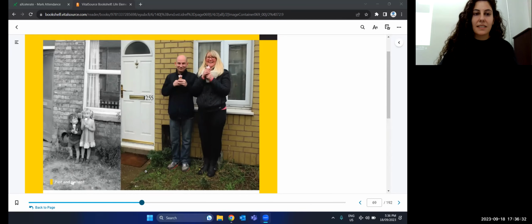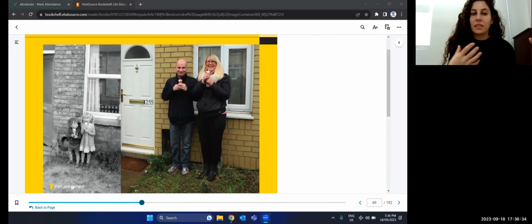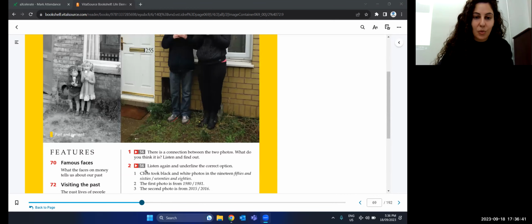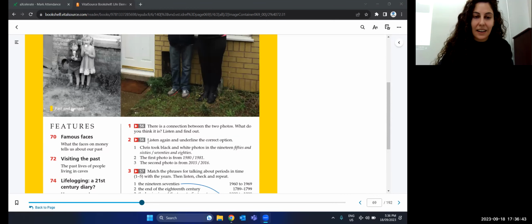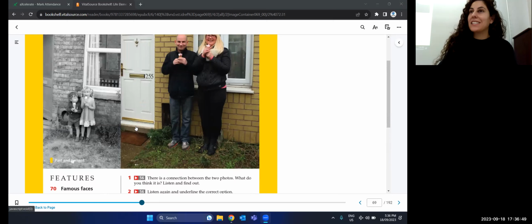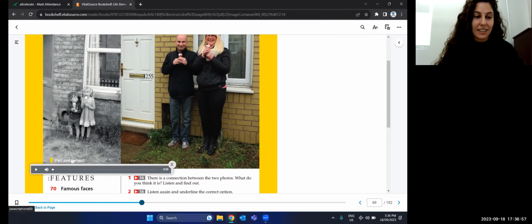Yeah, I can see that there's some connection with this past photo and then with the present now photo. Okay, so let's listen to an audio, and it's going to let us know something about these photos. So let's listen. Let's see what is the connection and write it down.